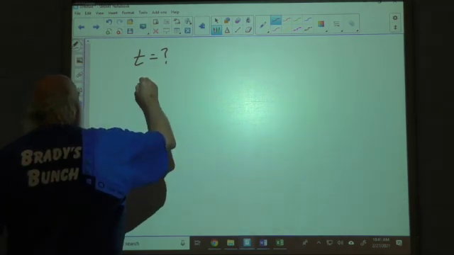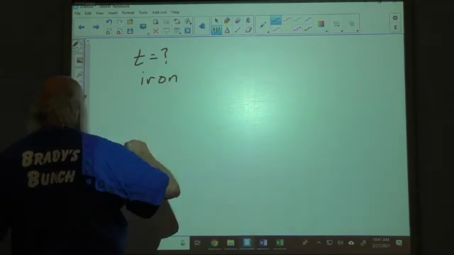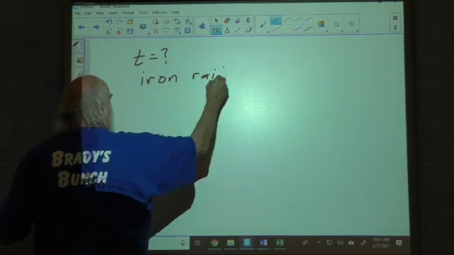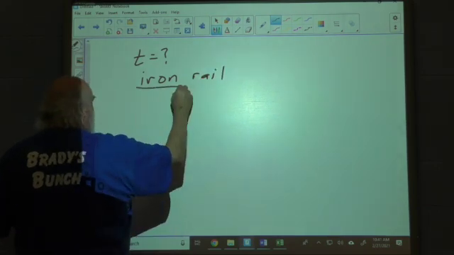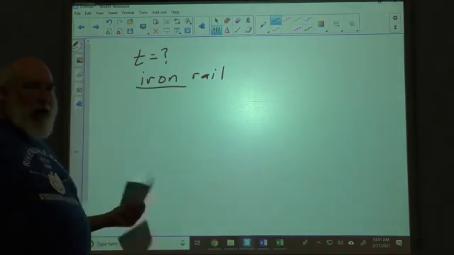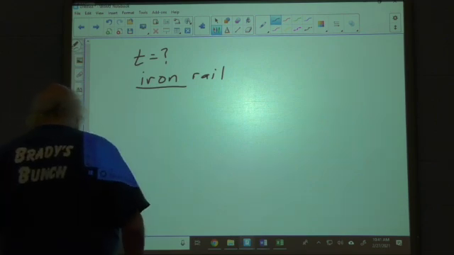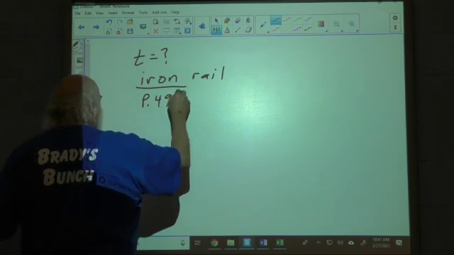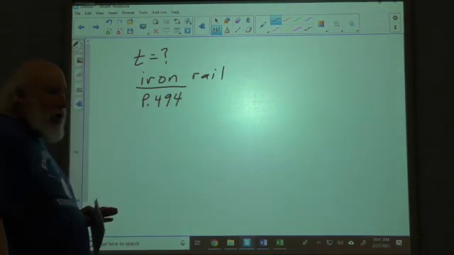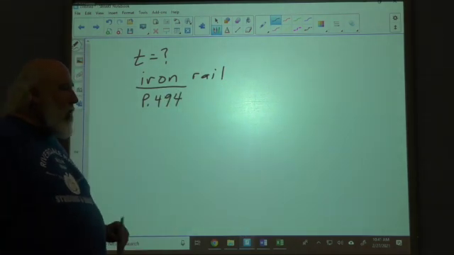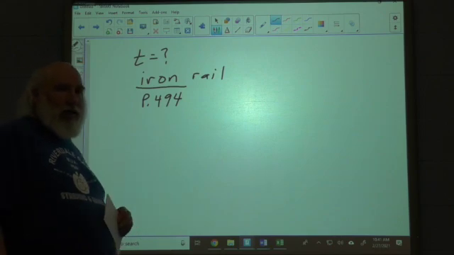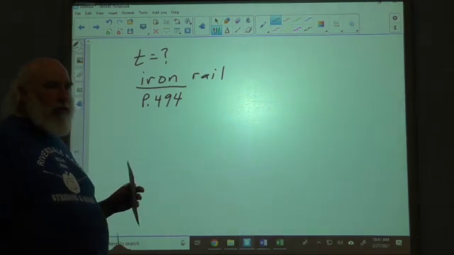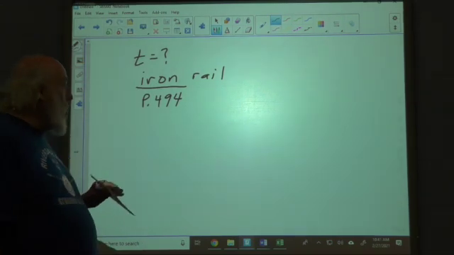Well, we're told here that this is an iron rail, and that's important because now the medium instead of being air is iron. And for that information, you need to go to page 494 in your book, where there's a chart of a series of media that has various velocities of sound.